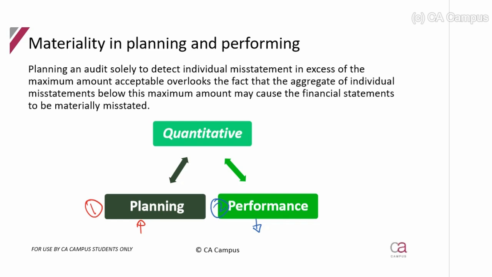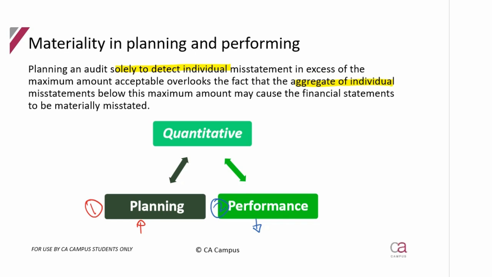There's just one way in which they differ. And here is the reason, guys. Planning an audit solely to detect individual misstatements in excess of the maximum amount acceptable overlooks the fact that the aggregate of individual misstatements below this maximum may cause the financial statements to be materially misstated.